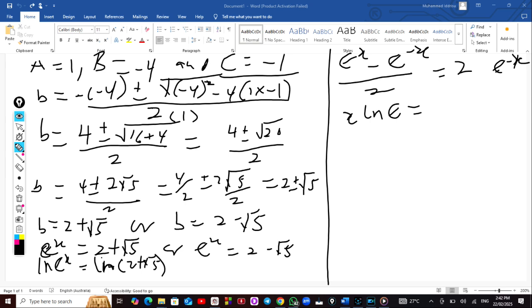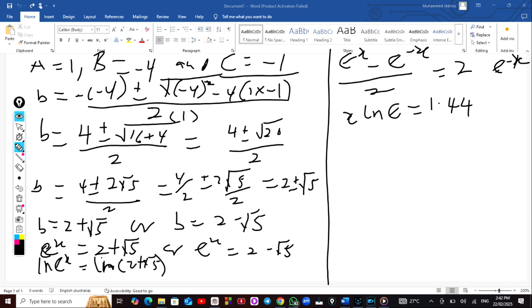So press ln, then 2 plus root 5. You have it as 1.44 to 2 decimal places.